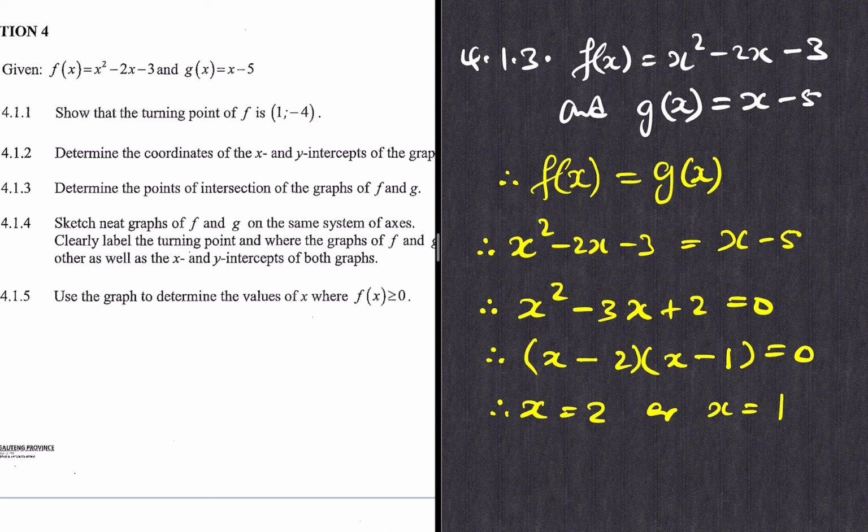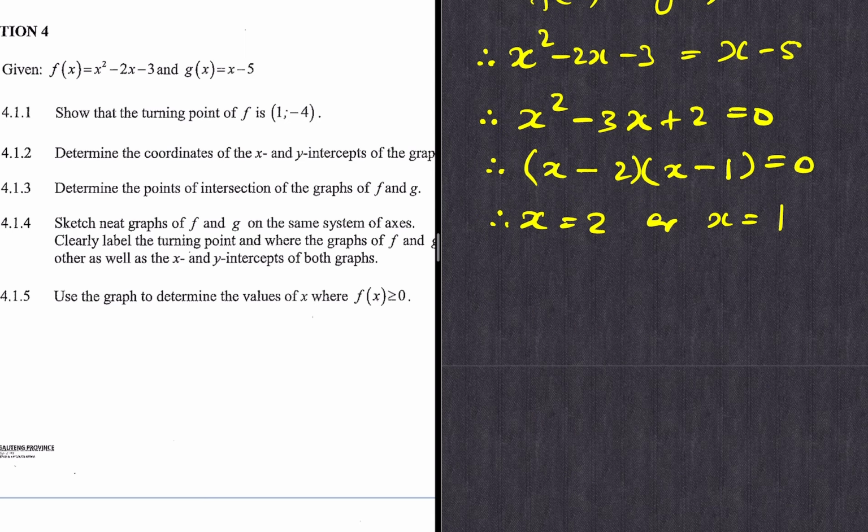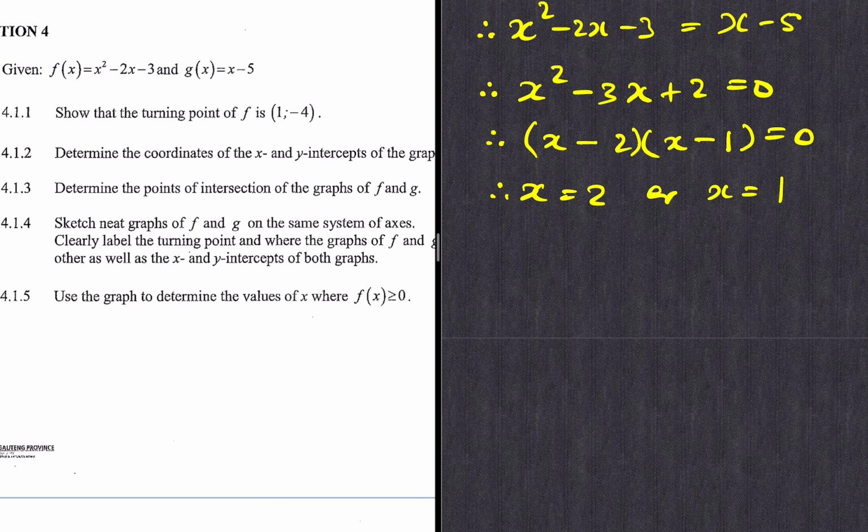So I advise that you use a graph that is very simple. If you have a quadratic and a linear, obviously linear is easier than quadratic. So I'm going to use g of x because I don't have any square. I don't have anything tedious in it. You could have used f to get your y.